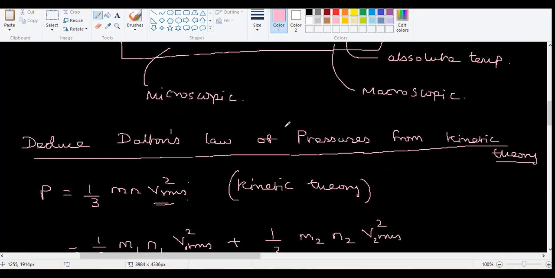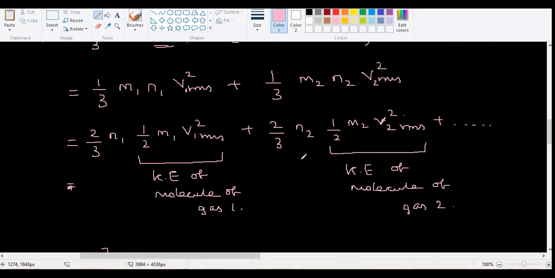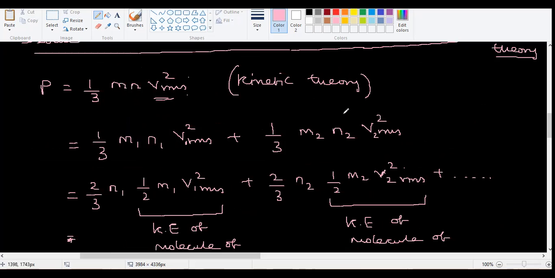Everyone listen carefully. What we said here was kinetic energy of a molecule depends only upon the temperature. Why? Because these things are constant. So that means it doesn't matter within one single container. Pay attention, a bit confusing. Within one single container, let's say I have some hydrogen atoms.